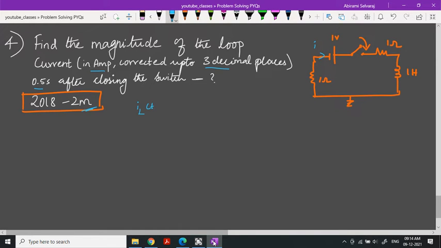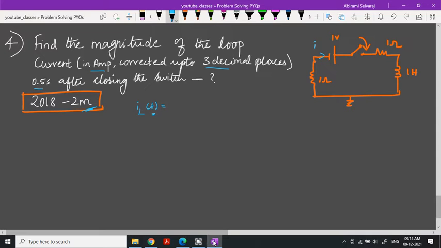iL(t) equals, for every situation we will use this equation, whether for the final or steady state, the initial state, or any time t. Here t equals 0.5. If you replace t with infinity, it's the final value. If you replace t with 0, it's the initial time.